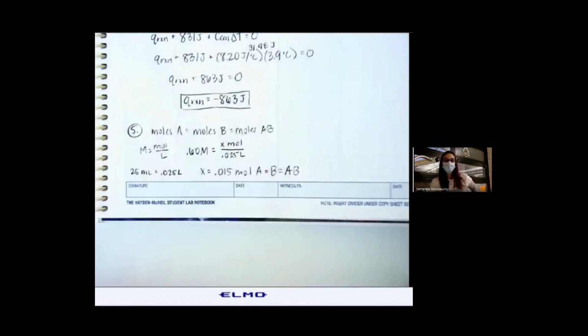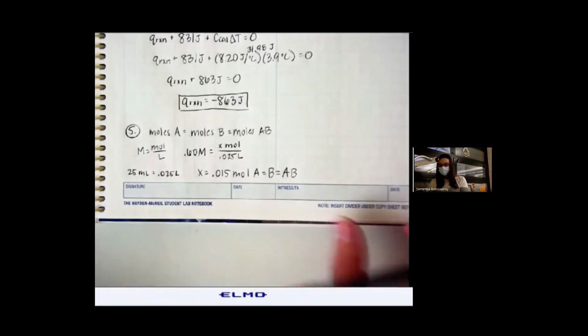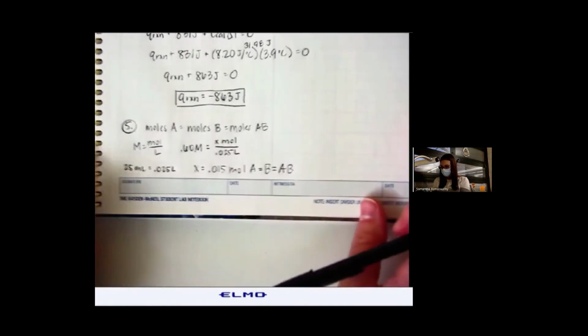So it's 0.015 moles of A and B and AB because it's a 1 to 1 to 1 ratio. So now it wants kilojoules per mole. That's what delta H is.